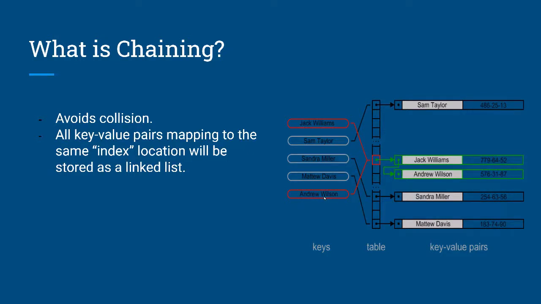Since Andrew Wilson's location is already taken, what chaining does is that it creates a linked list on that particular location. Once Andrew gets added, let's say we want to add a person named Bob, and Bob's hash function returns the same location number of the table. So Bob is going to be placed right next to Andrew Wilson's node.